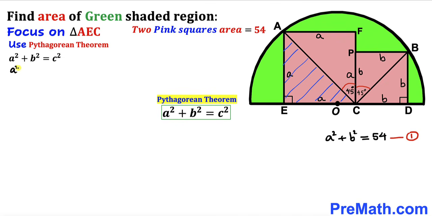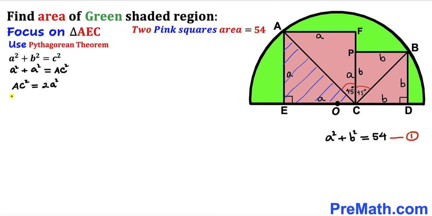We get a squared plus a squared equals AC squared. So AC squared turns out to be 2 times a squared. I'm going to undo this square on both sides, so our AC length turns out to be a times square root of 2.